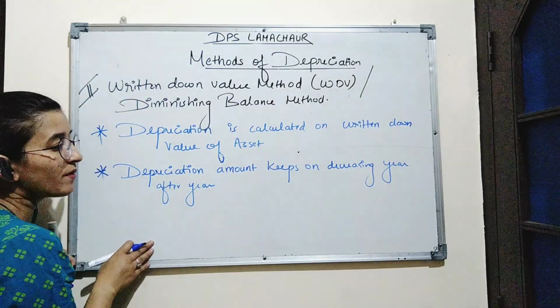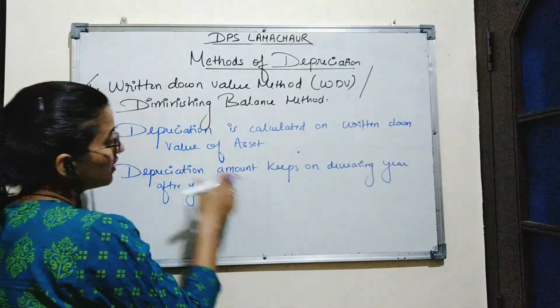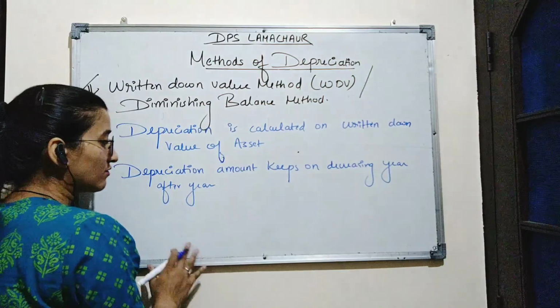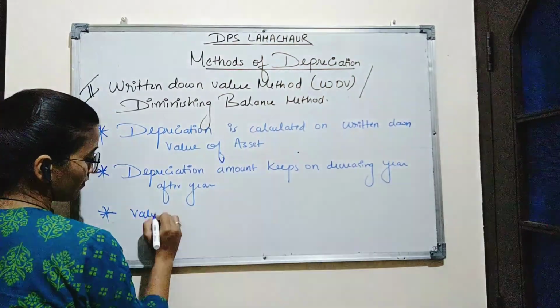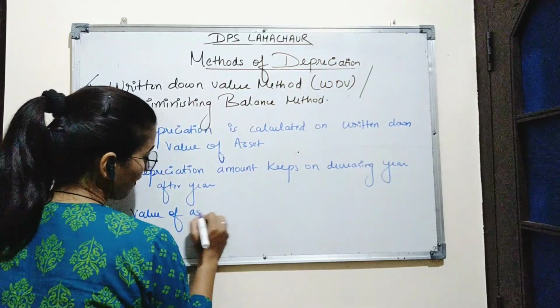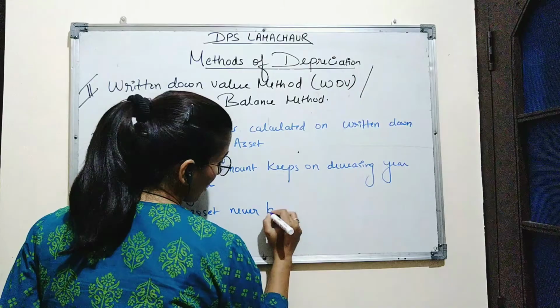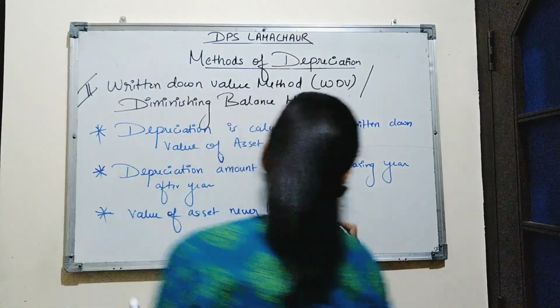In the original cost method, the depreciation amount was remaining constant every year, but in this method, the depreciation amount decreases year after year. And at last, the value of asset never becomes 0.